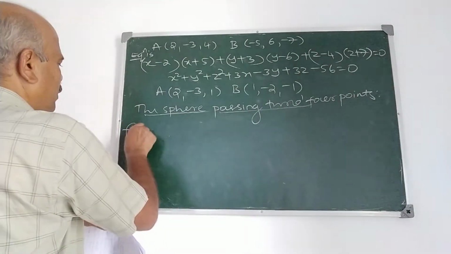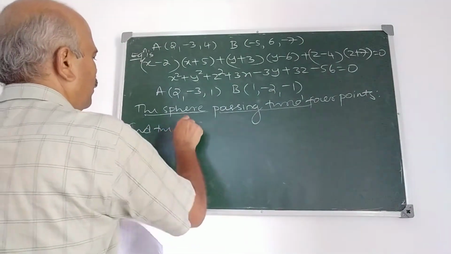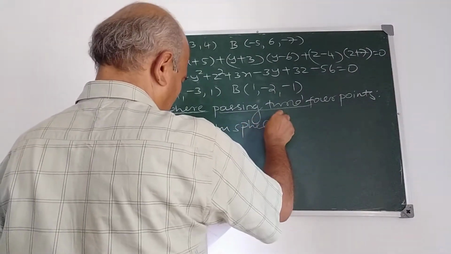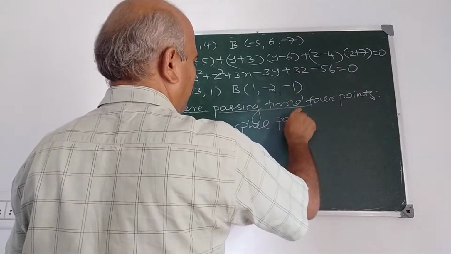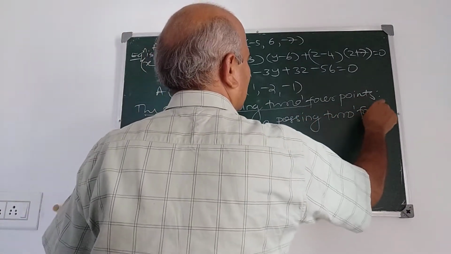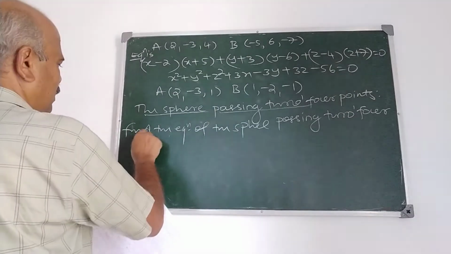Find the equation of the sphere passing through 4 points.